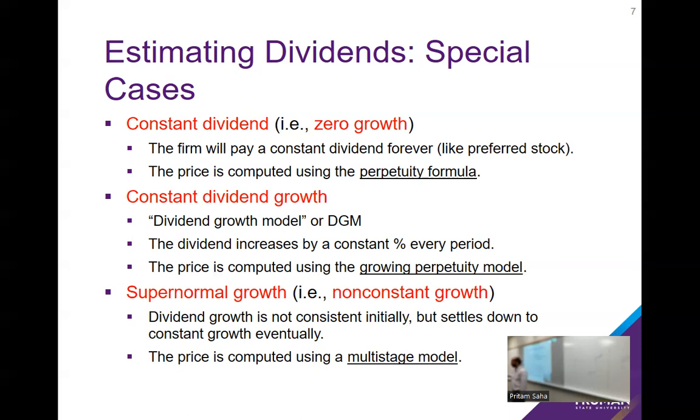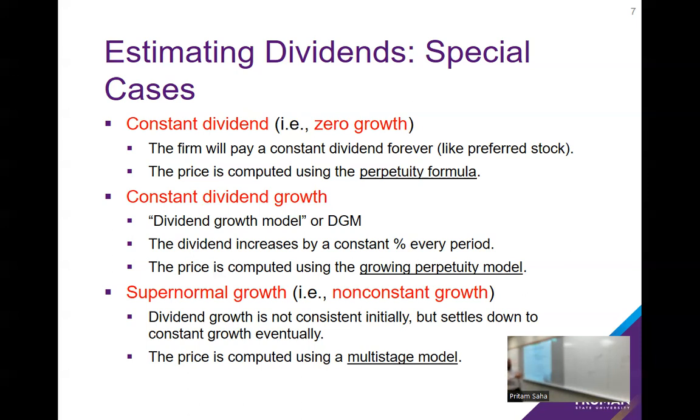Make sense? So your job is to make a cutoff: how many years we are referring to as earlier years, 1, 2, 3, 4? You have to find the exact growth rate for those earlier years. How to find those growth rates we will not talk about in this class. It's for the investment class, but the earlier years' growth rates will be provided. After the earlier years end, they will grow at a constant rate.